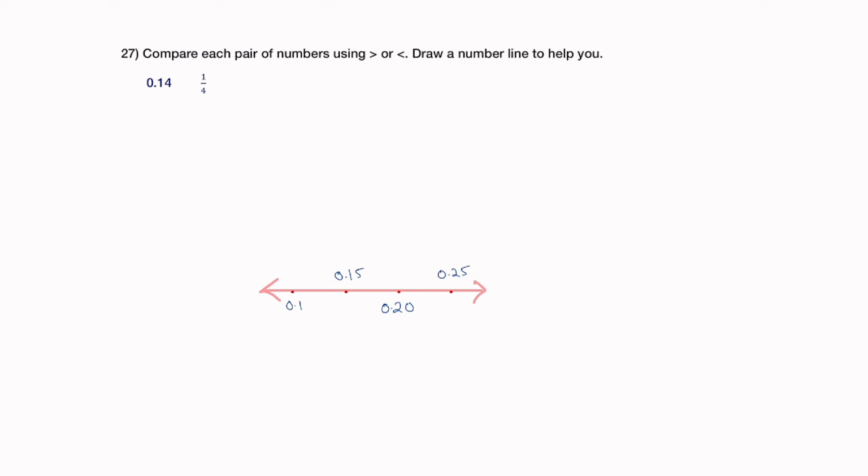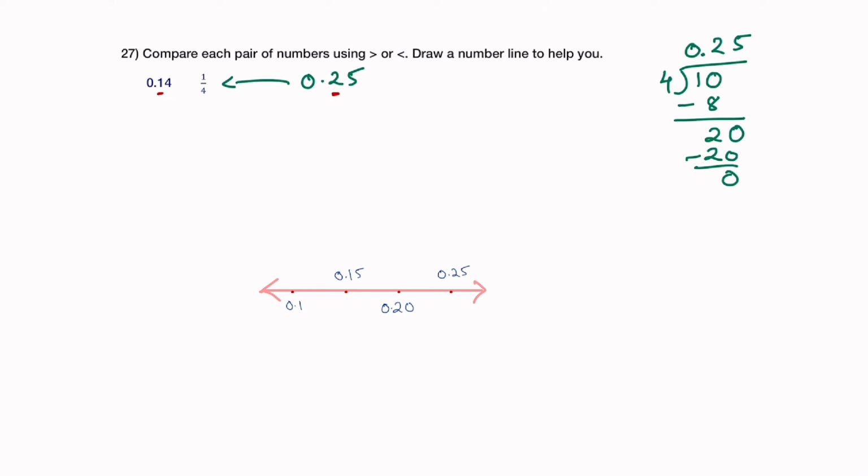Next, 0.14 and 1 upon 4. Again, 1 upon 4, right? 0, decimal, that's twice, that's 8. 2, 0 again. 4 times 5 is 20 and that's 0. So 1 upon 4 is 0.25. What's bigger? You check the first digit here, right? 1 and that's 2.